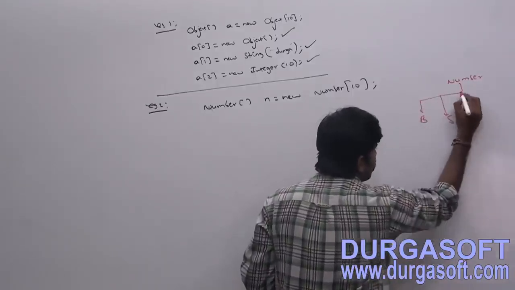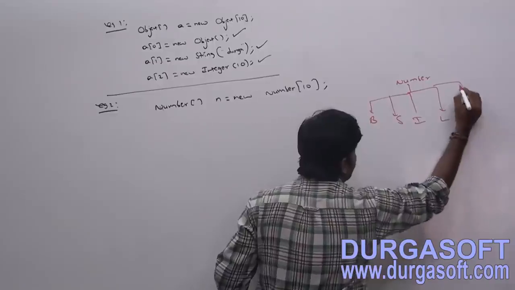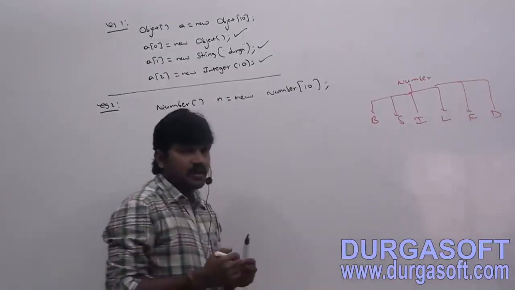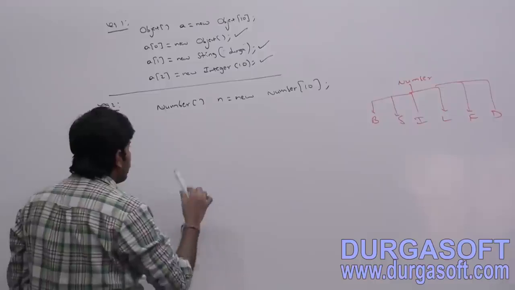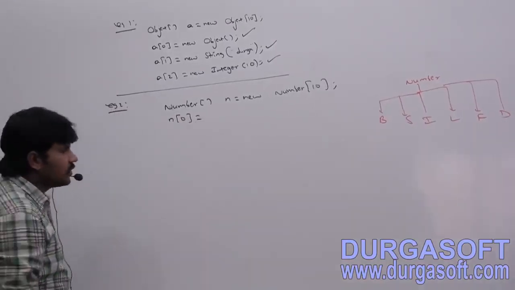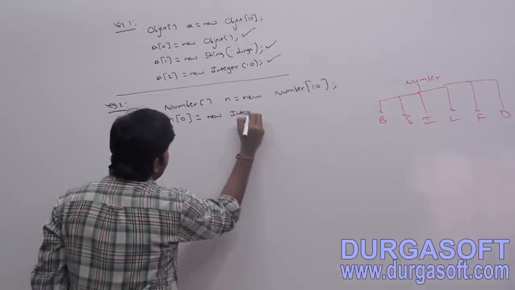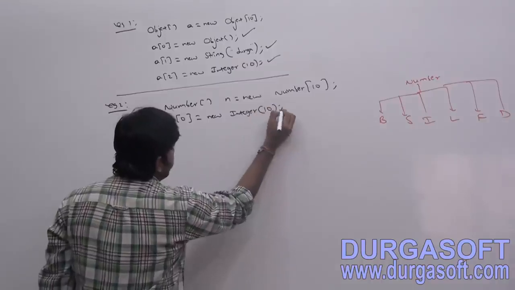Byte, short, integer, long, float and double. Okay, n[0] = new Integer(10).